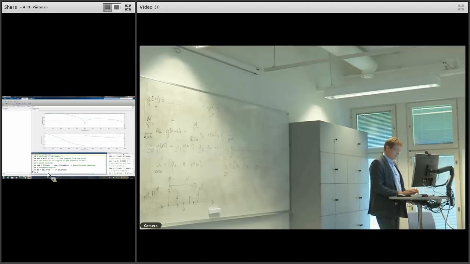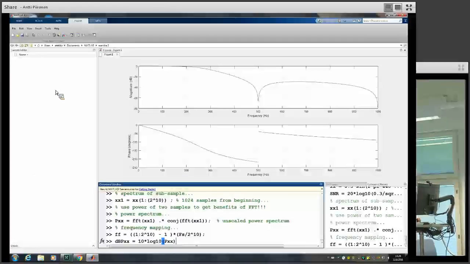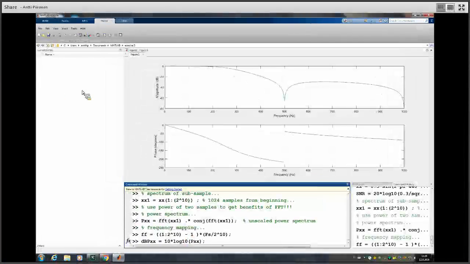So dBpxx equals 10 times log 10 of pxx. It's already power, so we just need to do 10 log 10. And now you can see it's unreferenced decibels.